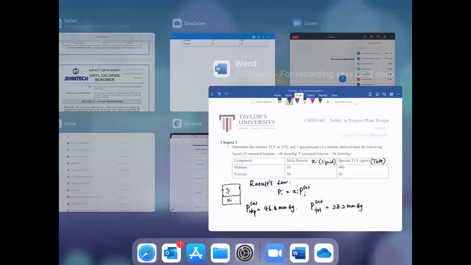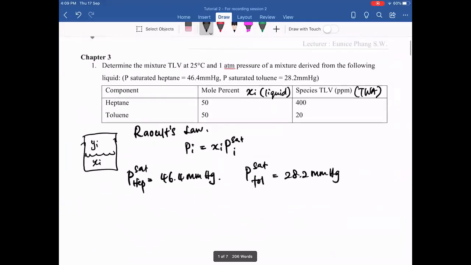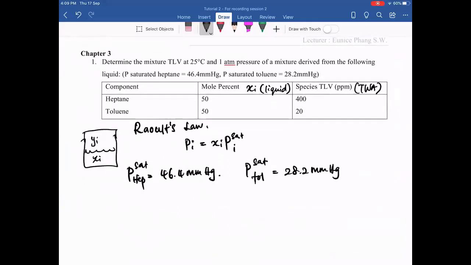Okay, so now we have our saturated pressures given for both components. So now we want to calculate what is our partial pressure for heptane. Our X is 0.5 times 46.4 gives you 23.2 mmHg.